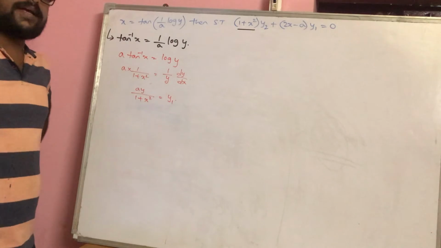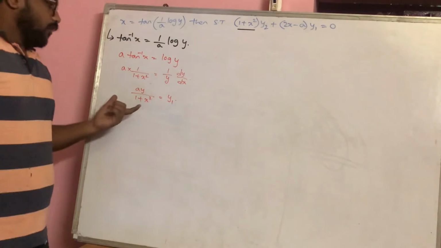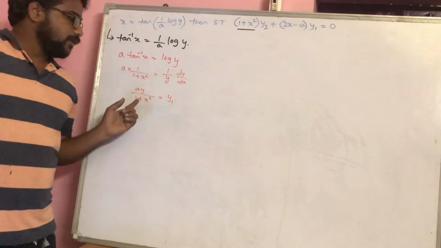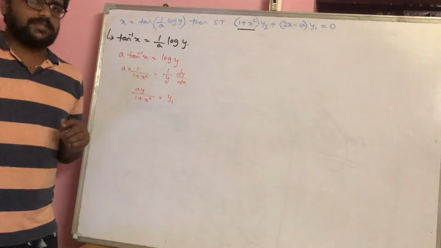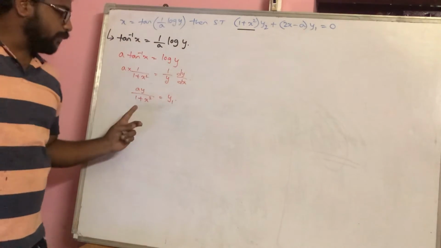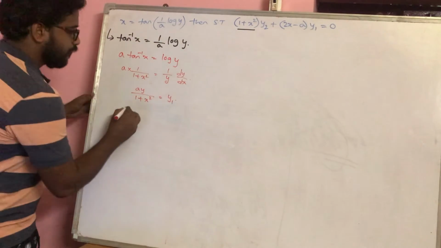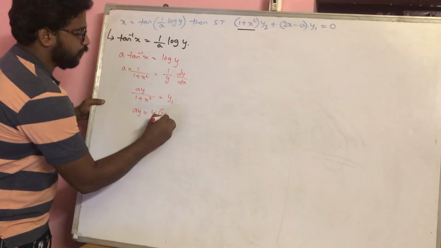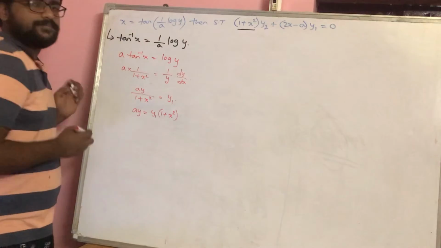Now the next doubt is, do we proceed with this as it is, or send this 1 plus x square to the other side? Simple logic: 1 plus x square is in multiplication here, so better send it to the other side. I will get a y is equal to y1 into 1 plus x square, right?